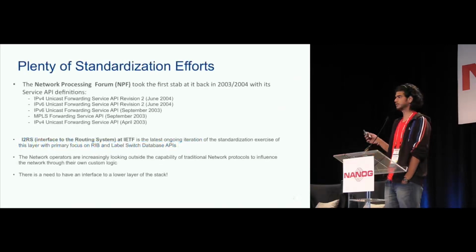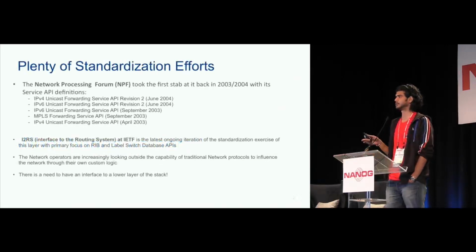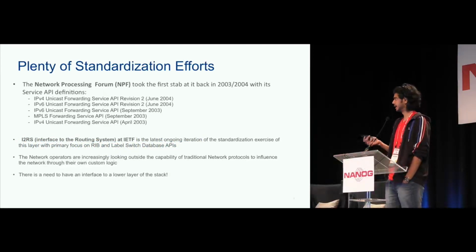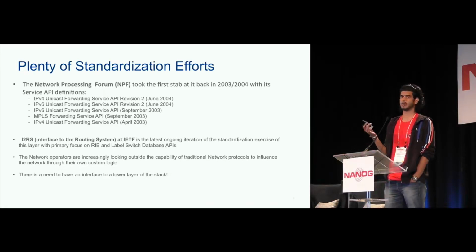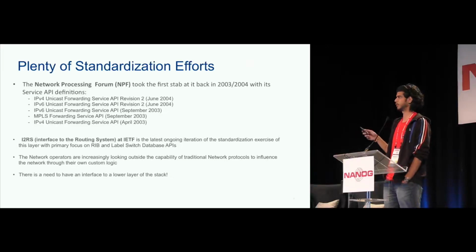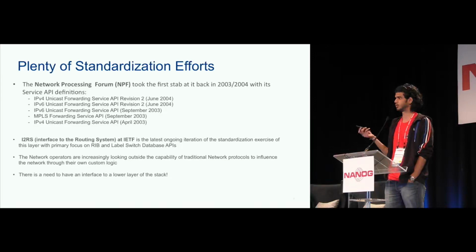There have been plenty of standardization efforts in terms of trying to define what the network infrastructure layer is. And I'll give you context on what the different components are at this particular layer. But just to start off, the Network Processing Forum, if some of you are aware of what that was, I think in 2006 is when it probably merged with the OIF.